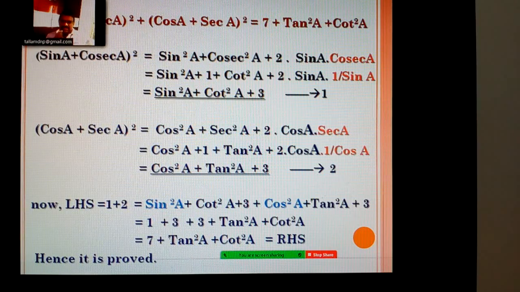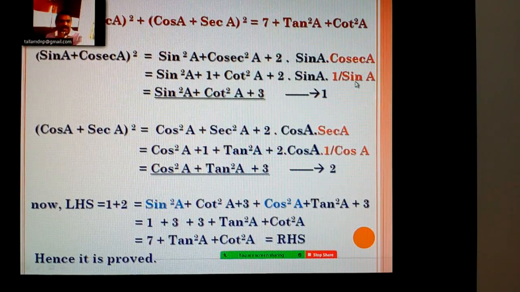To prove these two expressions are equal, we started from LHS. Each part of LHS is expanded following the (A + B)² identity. Then in the first part, cosecant² A is replaced by its equivalent expression, that is 1 + cot² A, and cosecant A is replaced by 1 by sin A, which is its reciprocal identity.